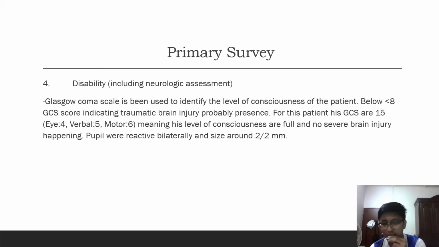For the patient, his GCS is full 15: eye 4, verbal 5, motor 6, meaning his level of consciousness is full and no severe brain injury happening. Both of his pupils were reactive bilaterally and size around 2 per 2 mm.